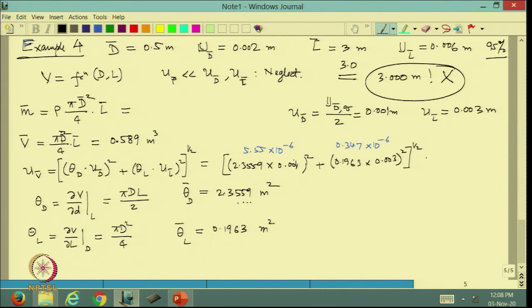We will use this again later to calculate the UPCs. If you do this complete calculation, this will be 5.897 into 10 to the power minus 6 meters to the power 6. And taking the square root of this, we get u v bar.